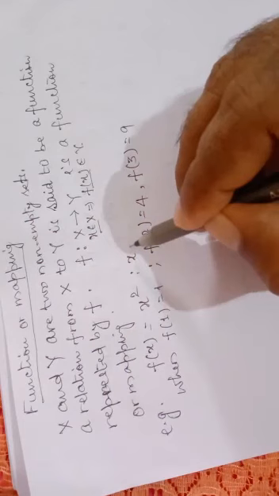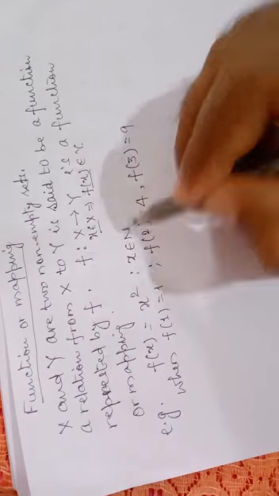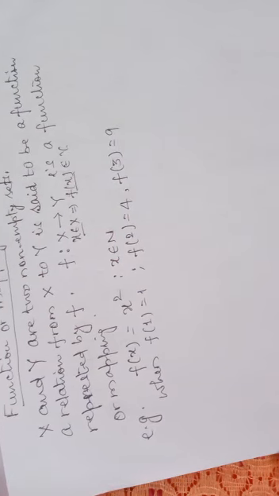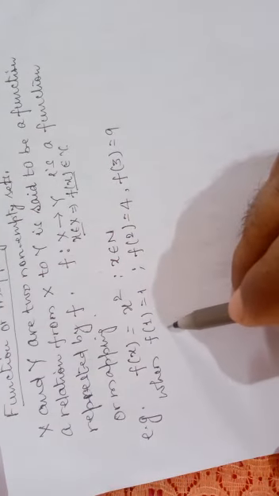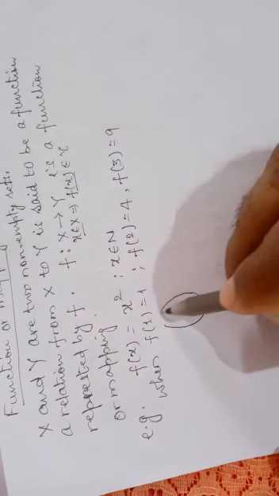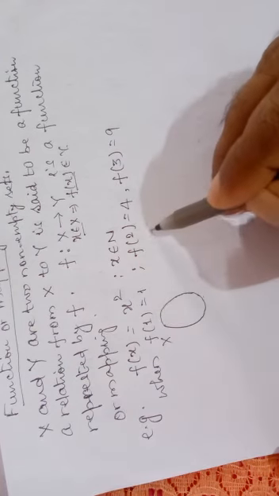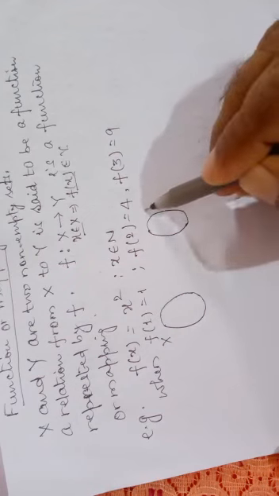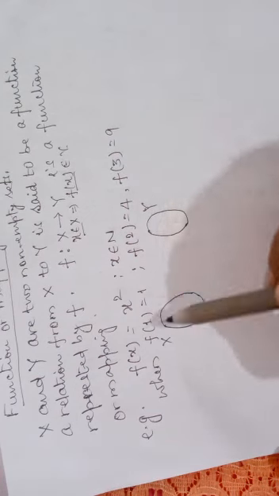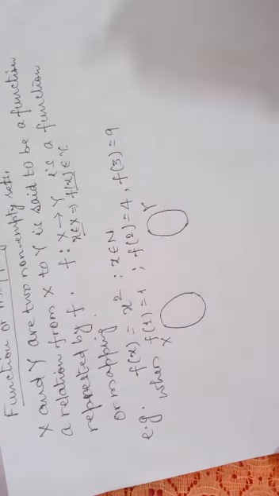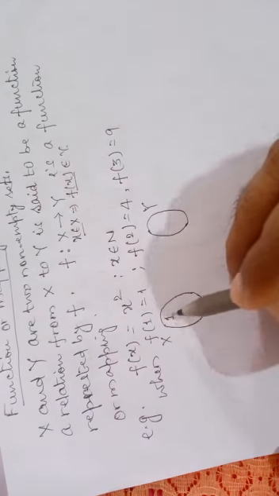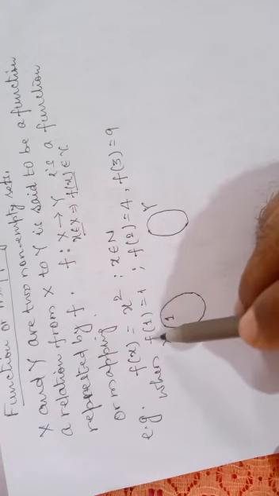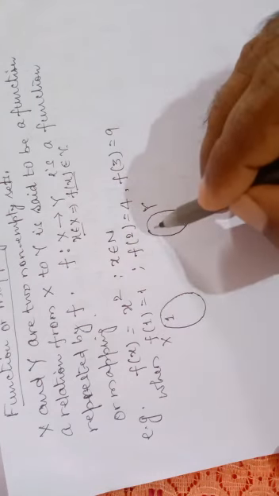This will be taken when x belongs to natural numbers. Now consider two sets. One is set X, another is set Y, which contains the elements of f(x). So when x is equal to 1, then f(x) is also 1.